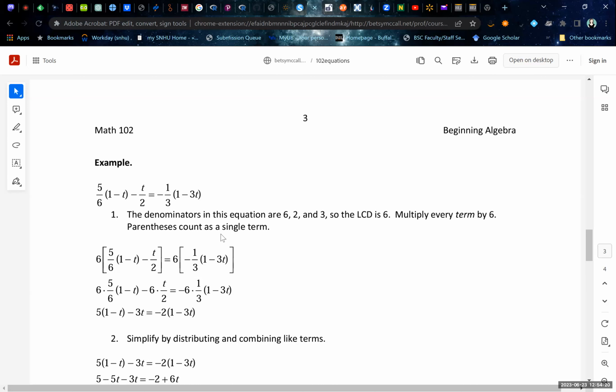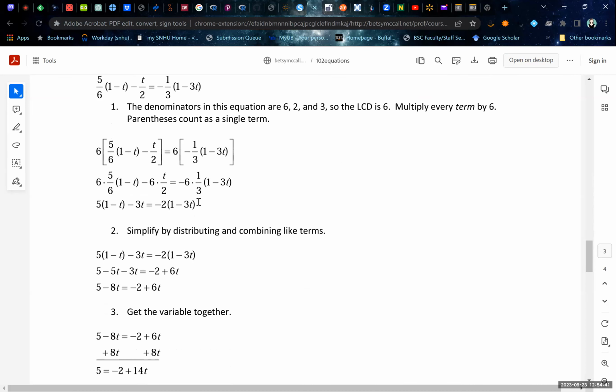So what we're going to do is multiply every term in the expression by 6, using that multiplication property. First, we multiply every side of the equation by 6. So I've taken this whole side and multiplied it by 6, and this whole side and multiplied it by 6. Okay, step 1. But then, in order to simplify, I want to distribute that 6 to every term.